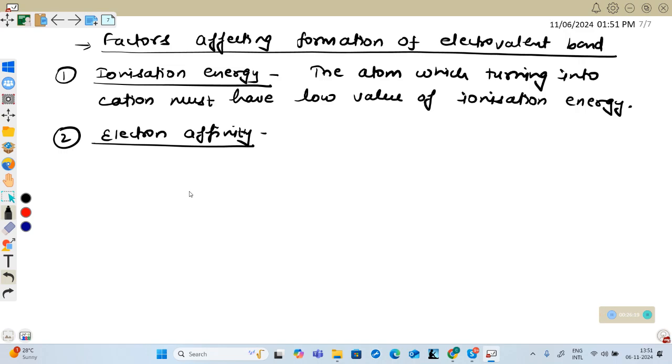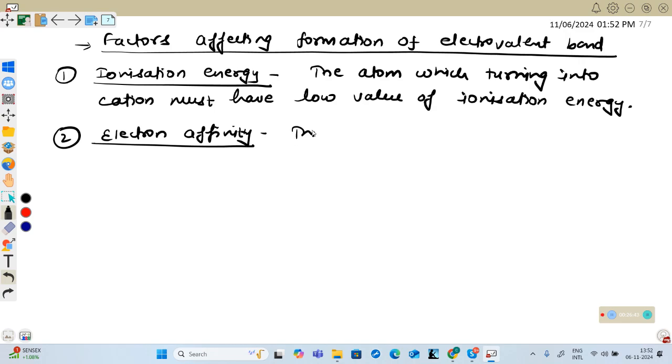And whenever energy is released during a process, that process is spontaneous. We have done it in the thermodynamics chapter, right? During any process, when overall energy is released, it is called a spontaneous process. The criterion for spontaneity is energy release, free energy. So what is electron affinity?